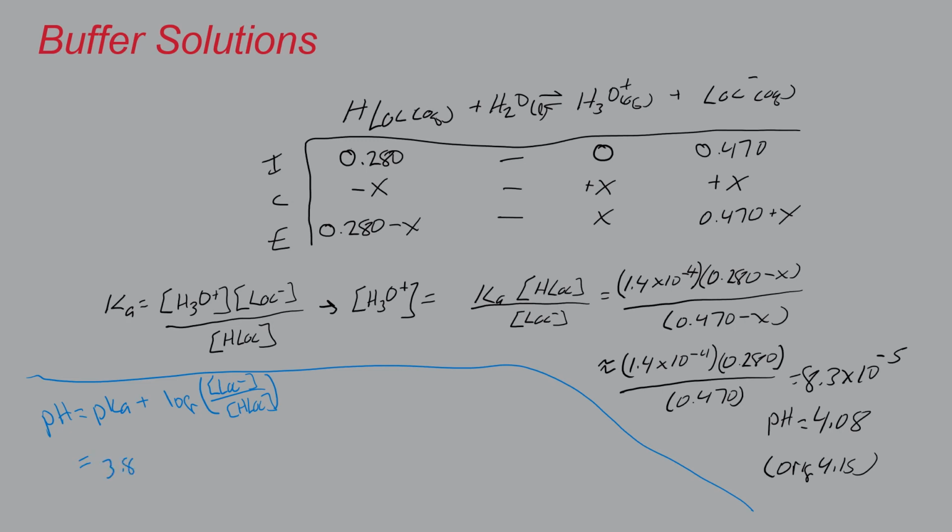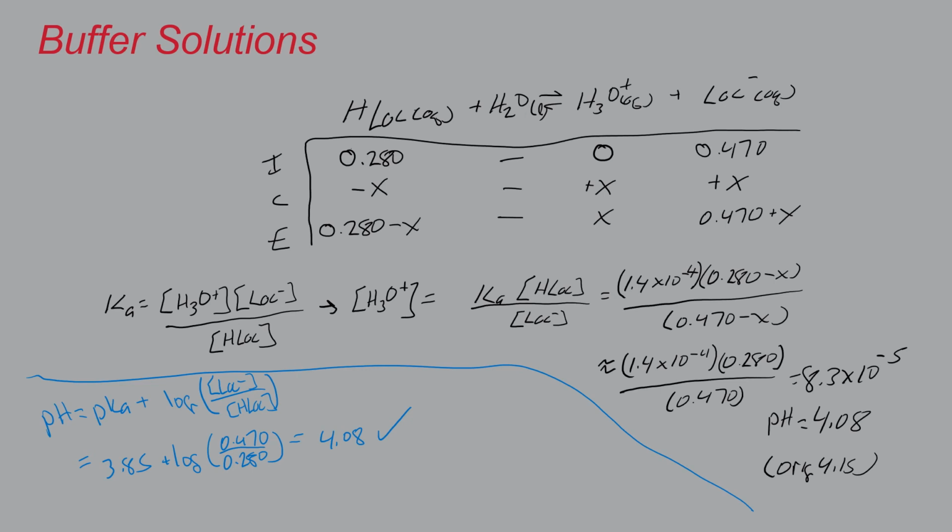So this is 3.85 plus the log of 0.47 over 0.28, which still gives you 4.08. So same thing, either one works as long as you get these values right here, then you're fine. And so this is how you calculate the pH of a buffer and how you calculate the pH after something is changed.